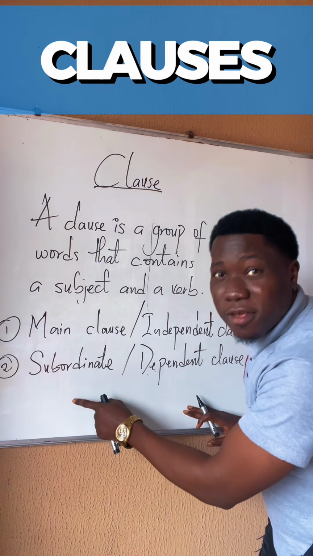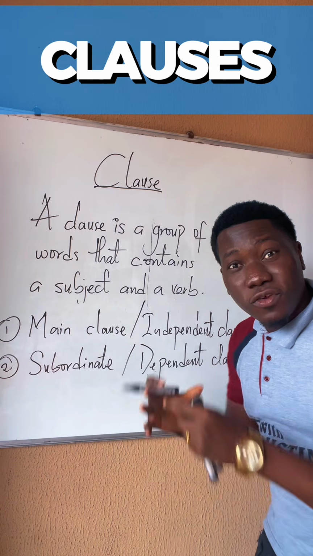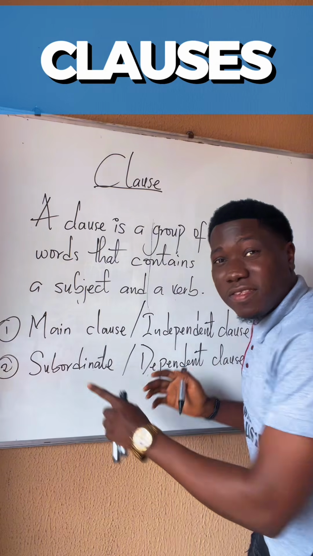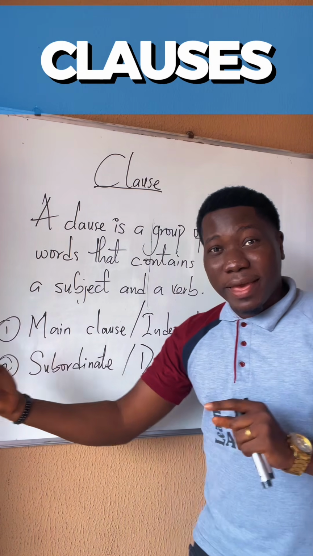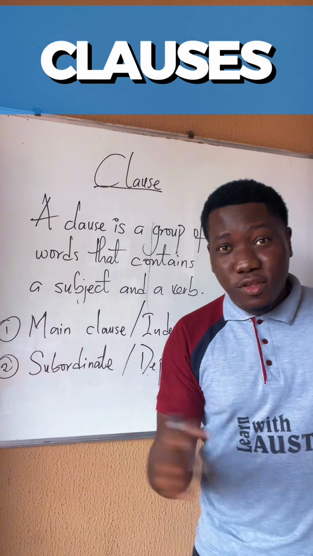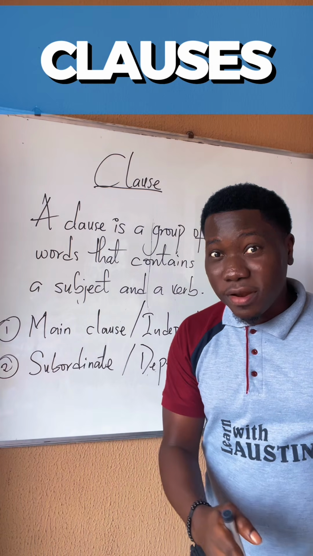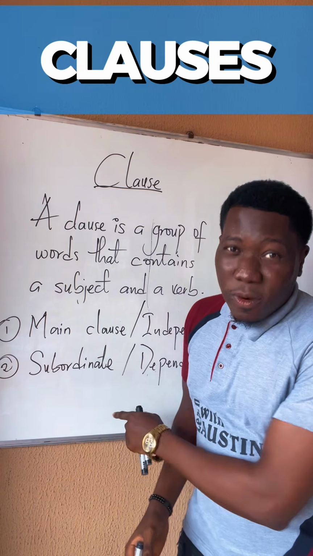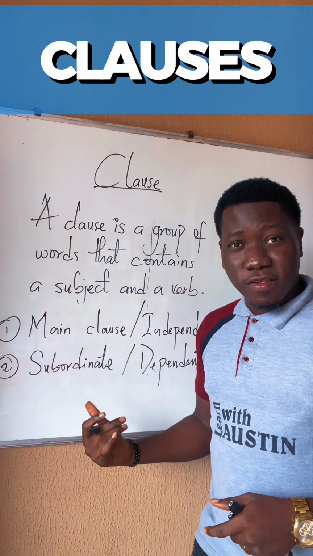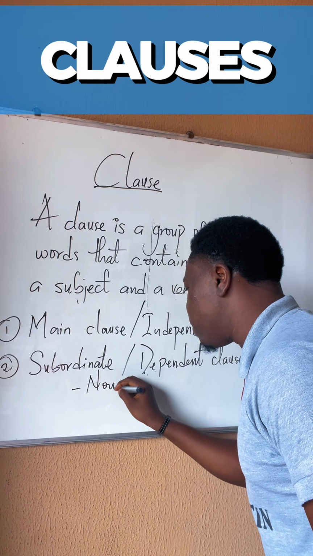We have types of subordinate clauses based on their function in sentences. So the main clause can stand as a sentence, but the subordinate clause cannot stand on its own. So it is joined to some other words or group of words, and therefore they function differently in sentences. Now you have types of subordinate clauses. You have the noun clause.